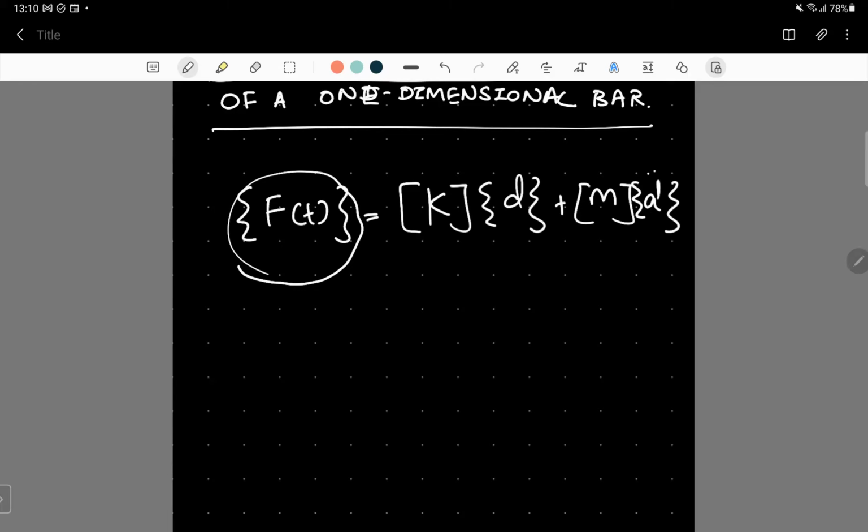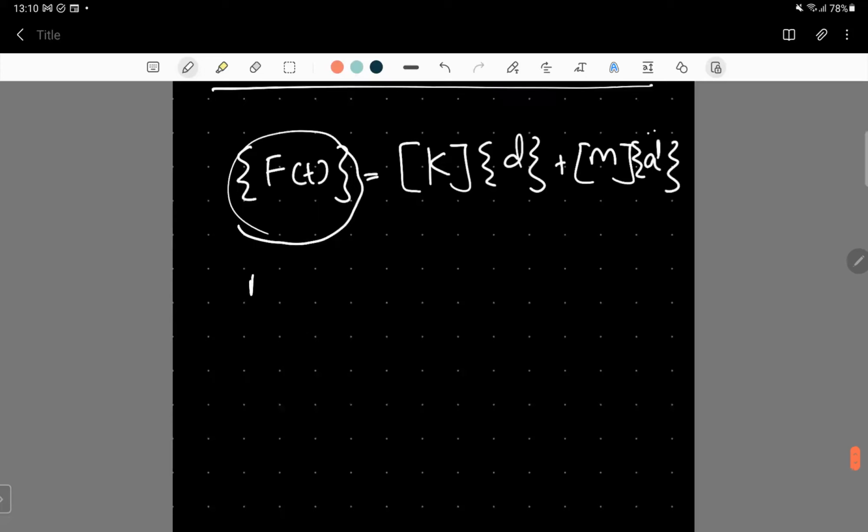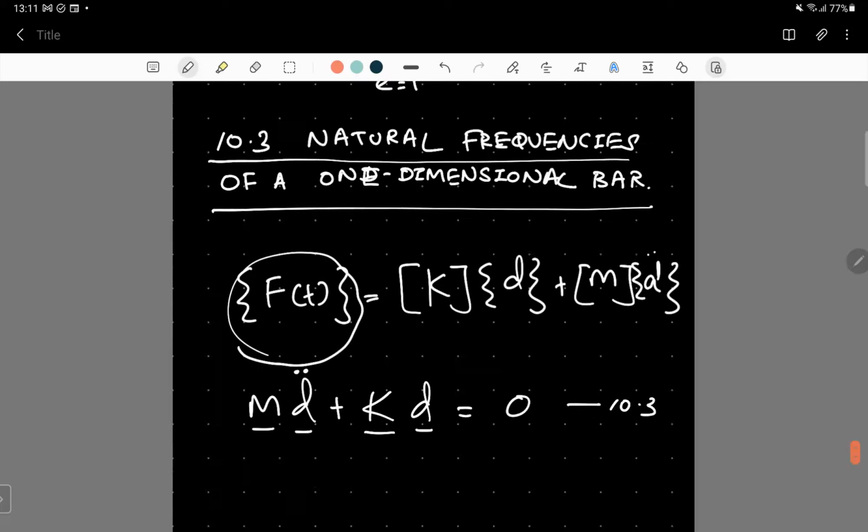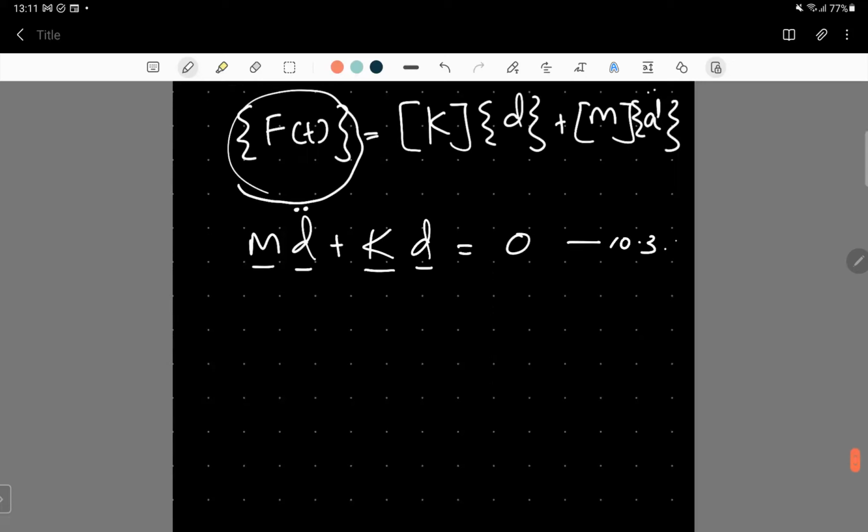we can represent this equation using matrix notation, where we have the mass matrix times the acceleration terms and the displacement matrix multiplied by the stiffness matrix. And in the absence of the forcing function, that is F(t), we end up with this equation, right?